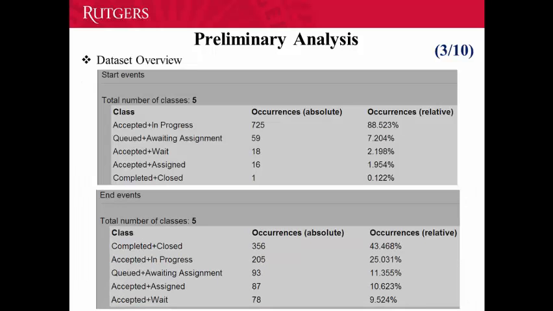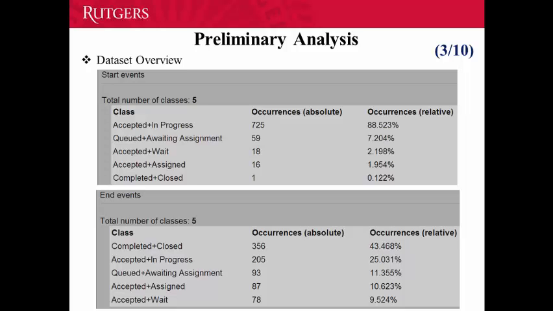And then these two tables show the start events and end events. The start events and the end events represent the first event and the last event in each case. We can see from the first table that most of the cases start with the accepted in progress event, which means that 90% of the cases start with accepted in progress, which is reasonable since every case should start with the employees accepting the case and trying to progress it.